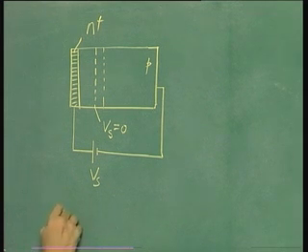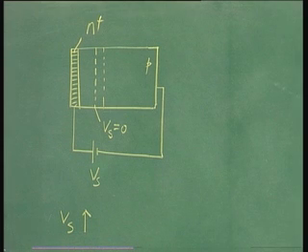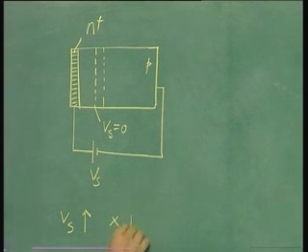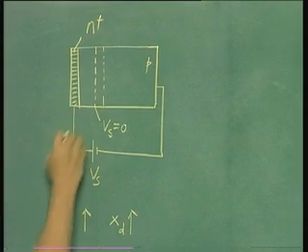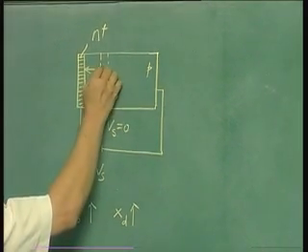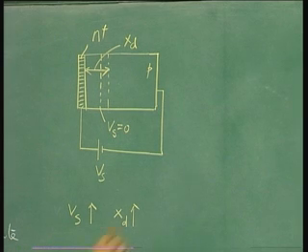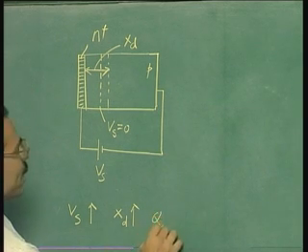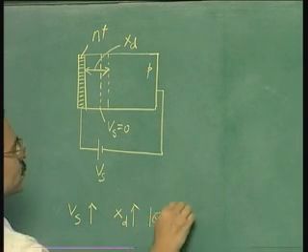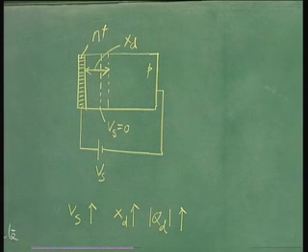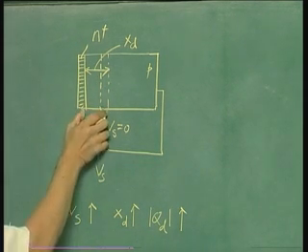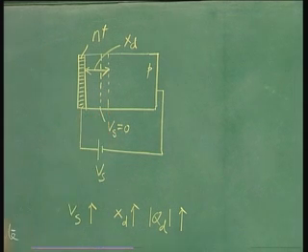So as Vs increases, you have an increase in the depletion layer thickness. So this is XD, the depletion layer thickness, which means you have an increase in the magnitude of QD, and it also means you have an increase in the potential drop across the semiconductor.